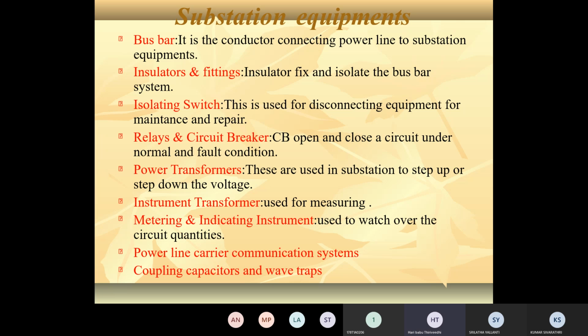Suppose we have two or three sections and a fault occurs in the third section. At that time, we disconnect the third section with the help of the isolator and isolate the fault. After isolating the fault, we can again connect the third section to the substation.